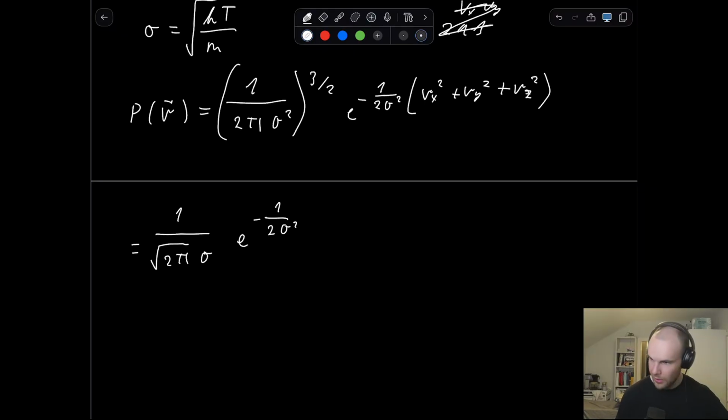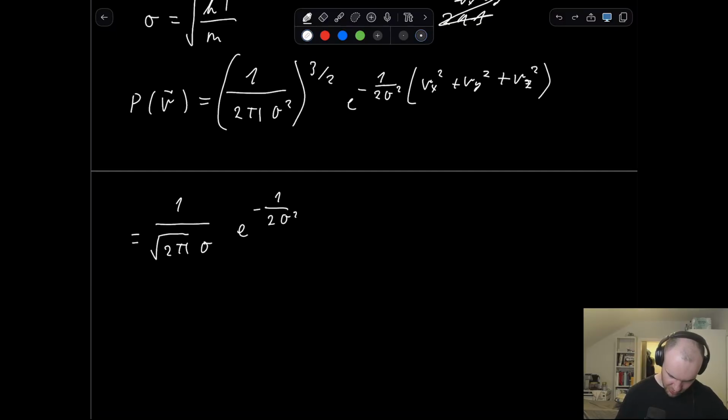Remember, for exponentials, when we have addition in the exponent, that's just multiplication.